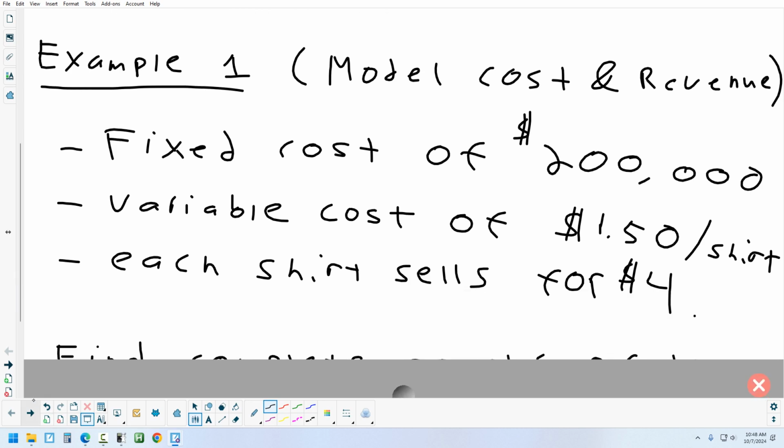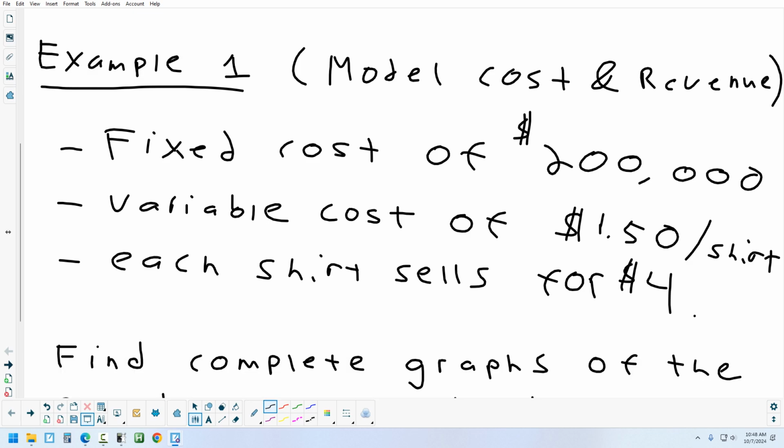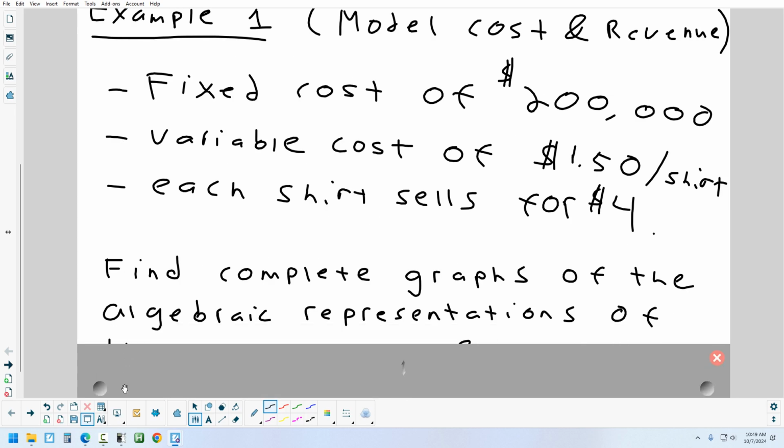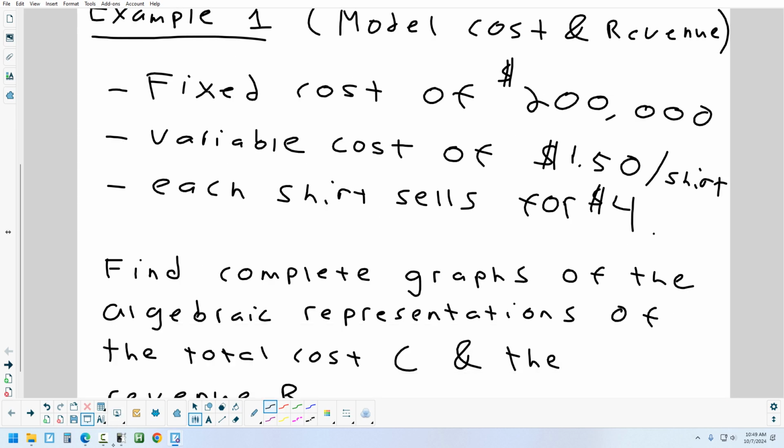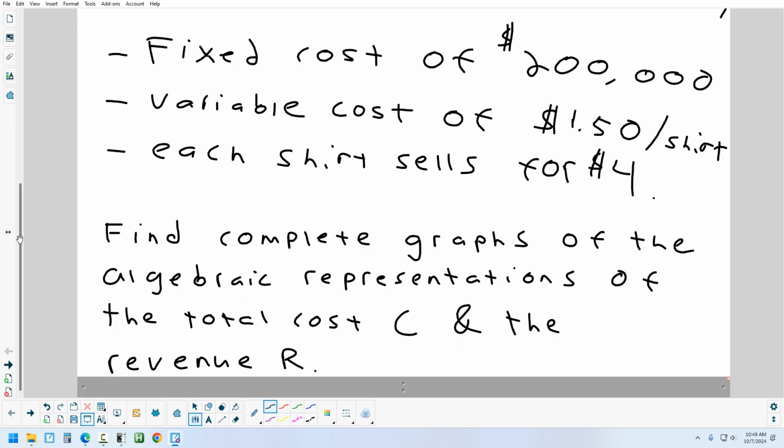So what we're going to do is find a graph of the company's costs, which is money that they spend, and the company's revenue, which is any money that they take in. Find complete graphs of the cost and the revenue.